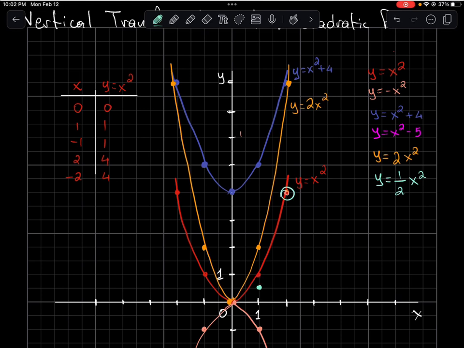Now what about this one? That's at 4. Half of it is 2. So it goes from 4 to half, and that point is also going to go down in a symmetric position, from 4 units to 2 units. I forgot this one.